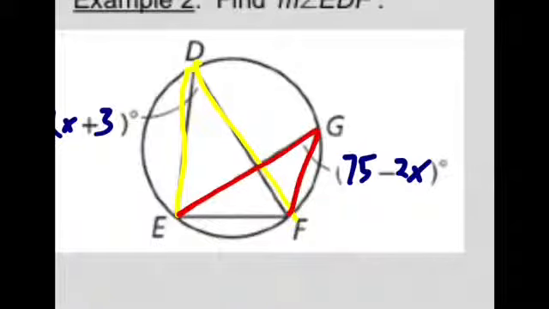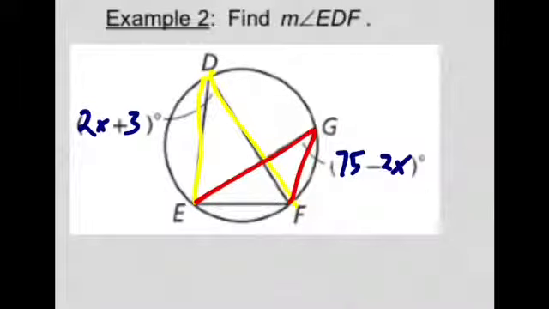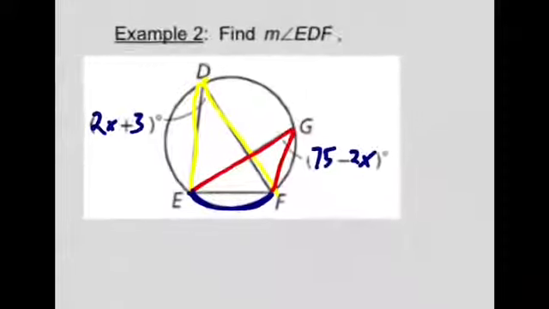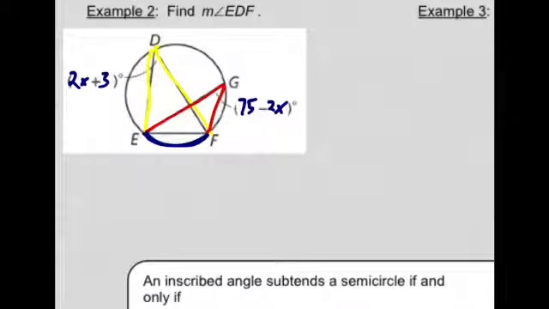What do you think we do? They've got the same intercepted arc right here. Perfect. Alexis gets 100 for the day. 2x plus 3 equals 75 minus 2x. Why? Because we know that those two angles are equal because they have the same intercepted arc, right?